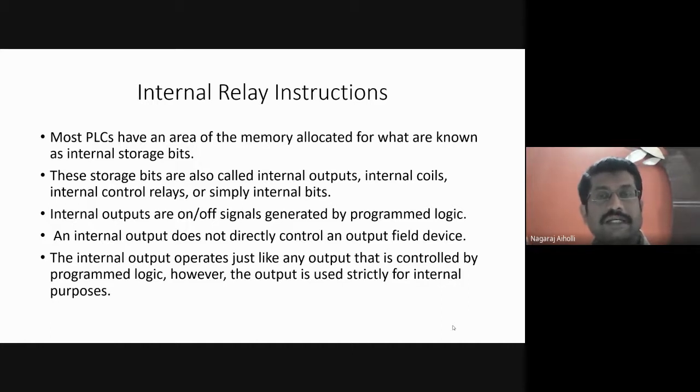When the field devices are connected, the memory locations in the PLC memory are used to store the status of the field device or the status of the output. The same bit location, the same memory location, is also used when the field devices are not connected. Such memory locations or memory bits are called internal outputs or internal relay instruction bits.